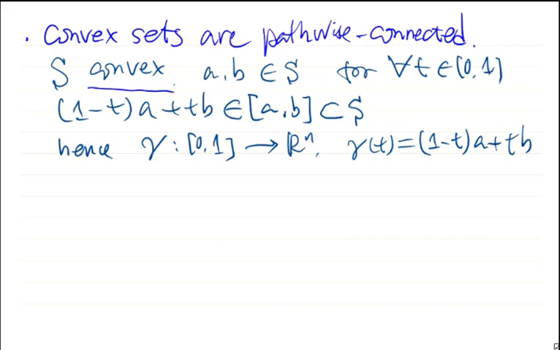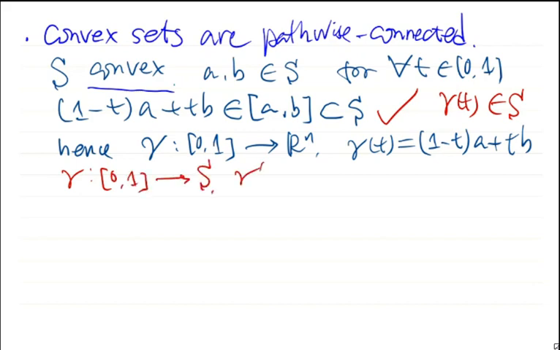Okay, so this is a continuous map, and this is a path connecting A, B, but it is also contained in S, because by this property, we know that any gamma(t) belongs to S. So this gamma is a path in S connecting these 2 points. Therefore, S is path connected as we desired.